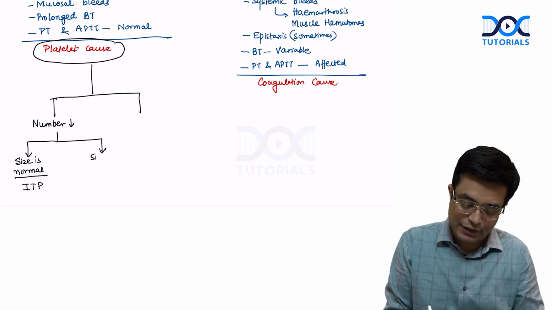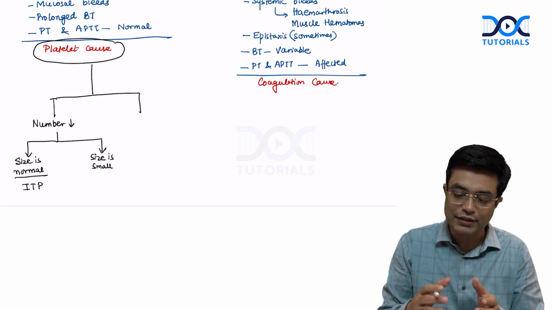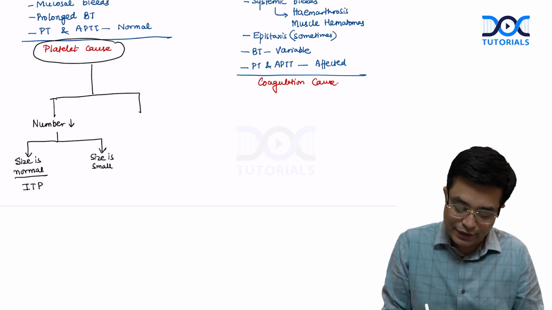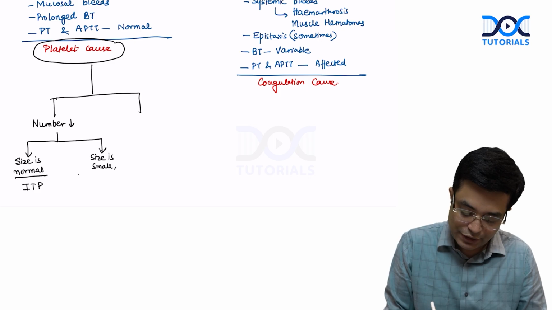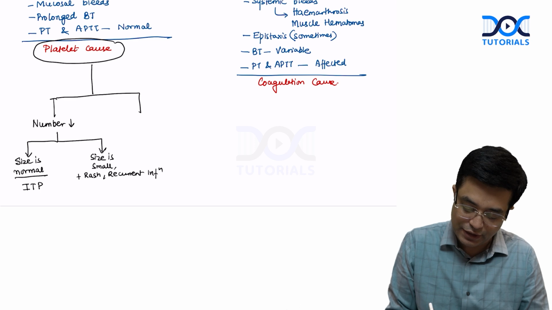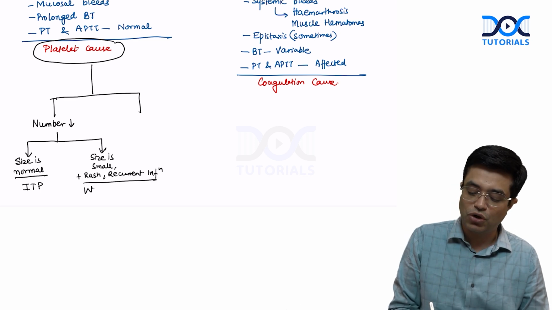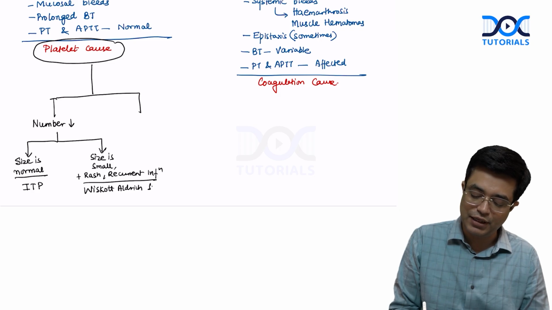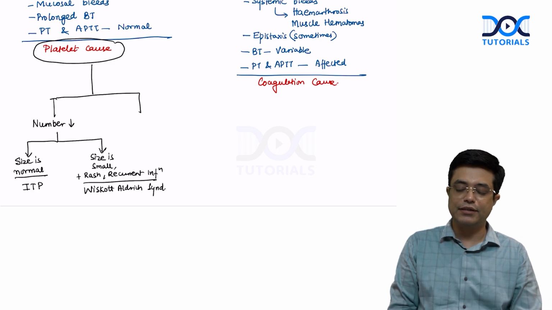But if they say the size of the platelet is abnormally small, and they write it is associated with rash and recurrent infections, in such patients you will suspect a disorder called Wiskott-Aldrich syndrome, and this will generally be seen in males because it is an X-linked recessive condition.